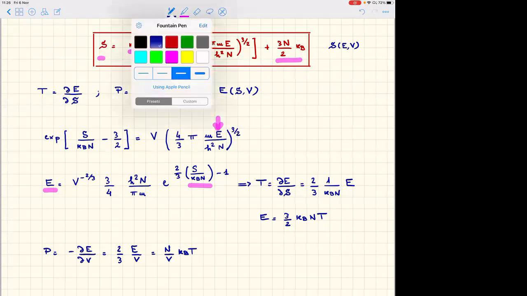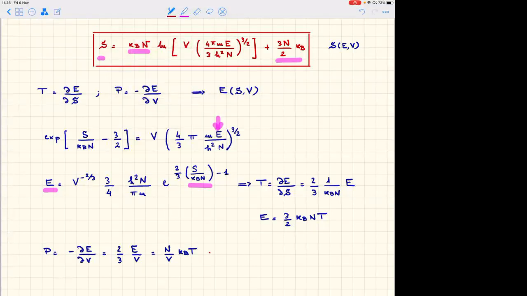And therefore, you see that what I obtain is quite neatly P times V equal to N K Boltzmann times T, which is our beloved equation of state for the ideal gas. Now, if you think for a second, this is just a consequence of the fact that here you have a volume to the minus 2/3, and here you have the exponential of 2/3, the same constant, S over K Boltzmann N. All the other constants are inessential.